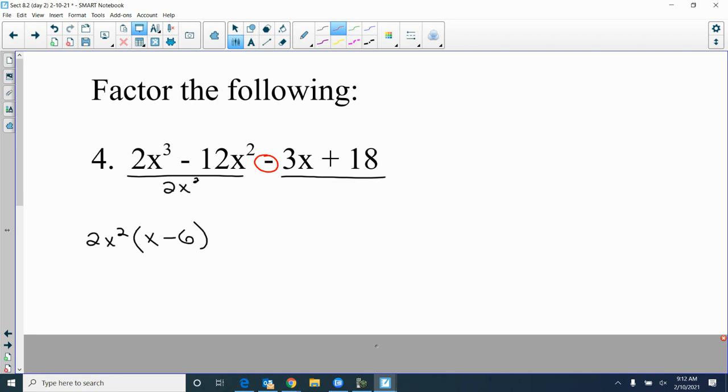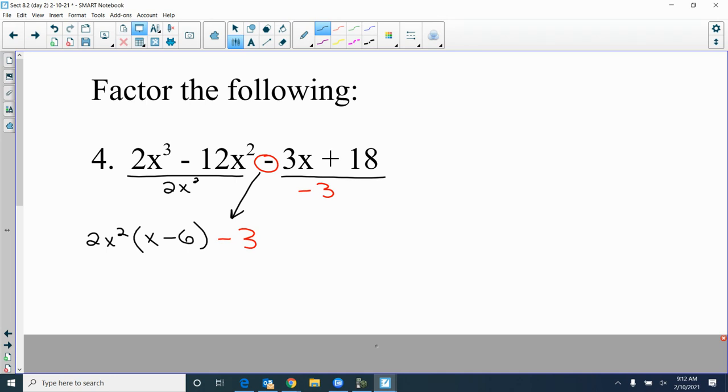You want your GCF to be negative. So just put a negative in front of it. What will go into 3x and 18? Zach? So it's going to be -3. So now that will go here. If we do it this way, that makes sure that that minus sign ends up right where we need it. You cannot make that a +3.